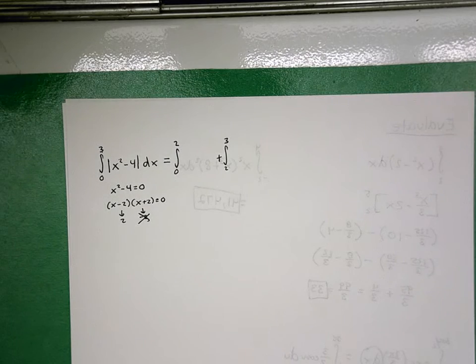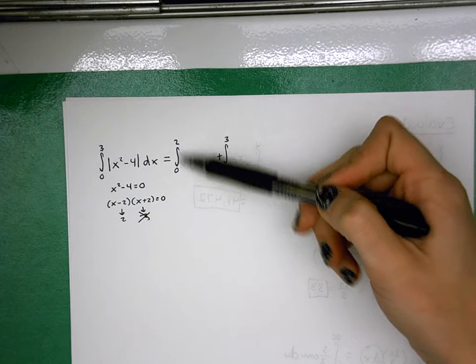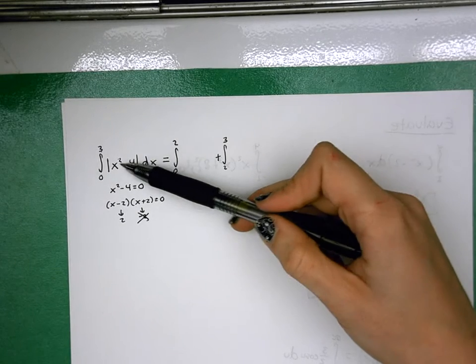So now we need to figure out where my positive legs are and where my negative legs are, because we have to take all those negative legs and force them to be positive by changing their sign. Well, to figure out whether a leg is negative or positive, I'm going to test a number on this interval and plug it into my function, my x squared minus 4.